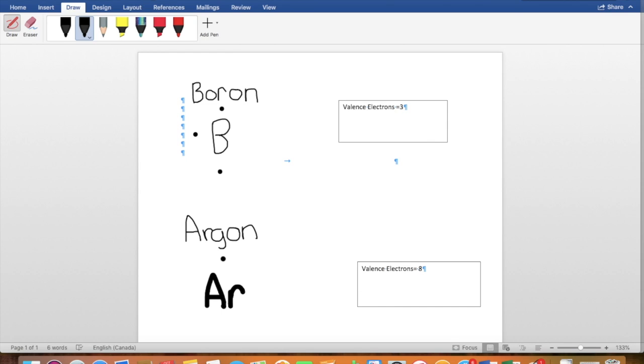So we're going to go to the top, the bottom, the left, the right, back up to the top for the fifth, and then we're going to go around clockwise until it looks like that. And that will show 8 valence electrons around the element.